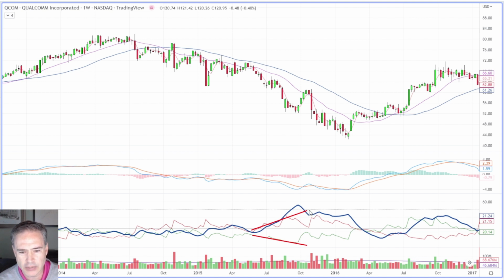And then they reach a peak and they start to contract, meaning they start to come together. Contract is essentially another word for consolidate. So during these periods, the market is trending, and during these periods, the market is consolidating.